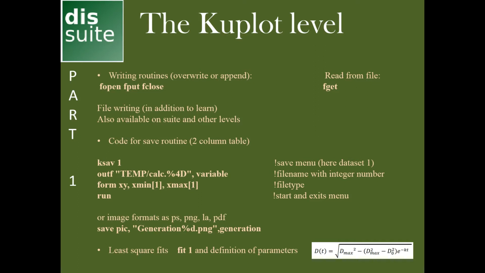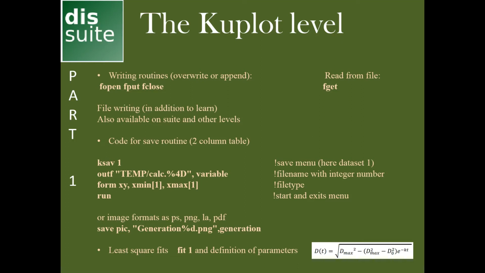This is very useful and it can be inverted, so you can also extract lines from files, so values or variables from files. This is done with the fget command here on the right. It's also very useful, and I'll show you one example how to put at least lines into a file in a few moments.